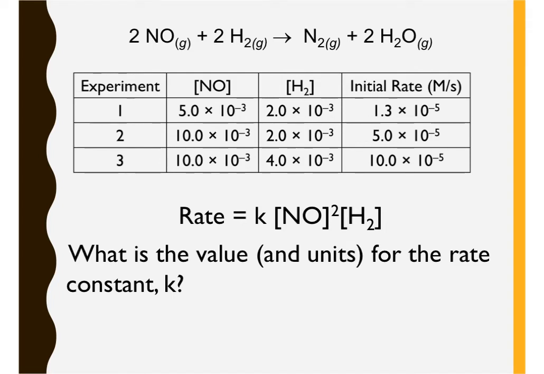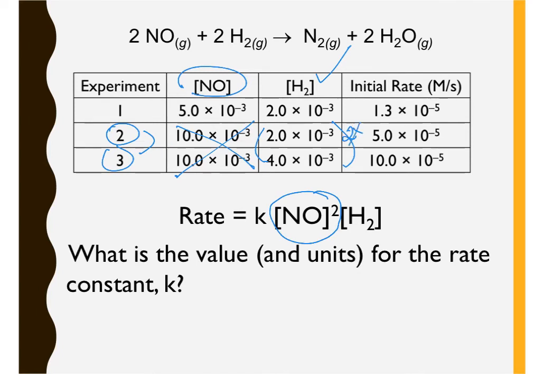I made such a mess on the last slide, I went ahead and switched to this one. So here we go. Second order with respect to that. Let's look at hydrogen gas. You want to pick again 2 experiments where the nitrogen monoxide is held constant. So that would be experiment 2 versus 3. All right, so what has happened to the concentration of hydrogen comparing 2 and 3?